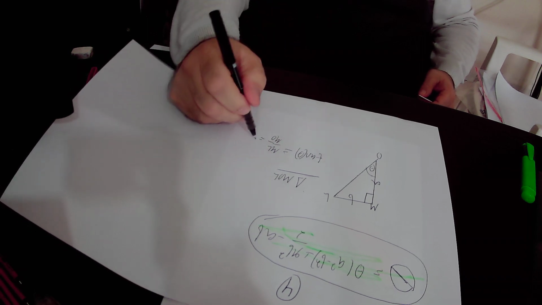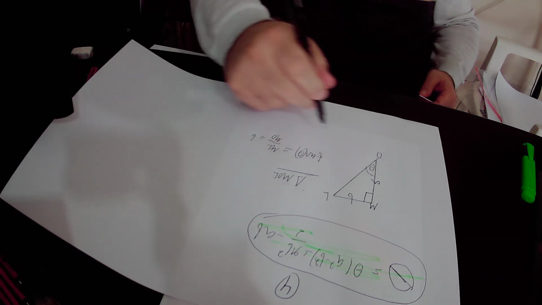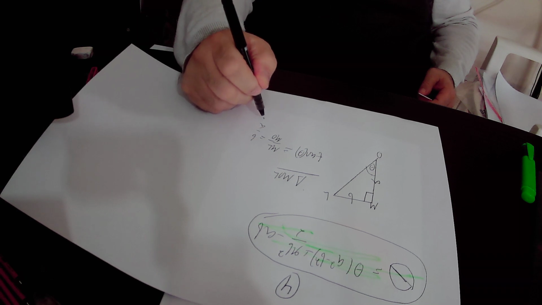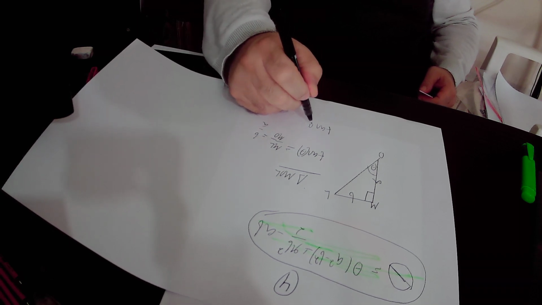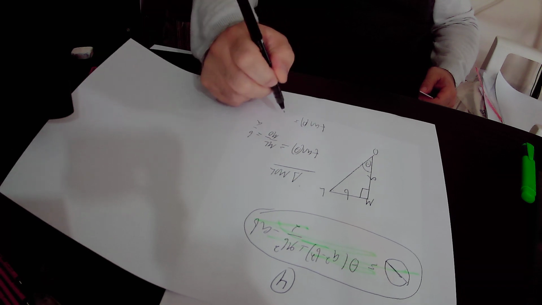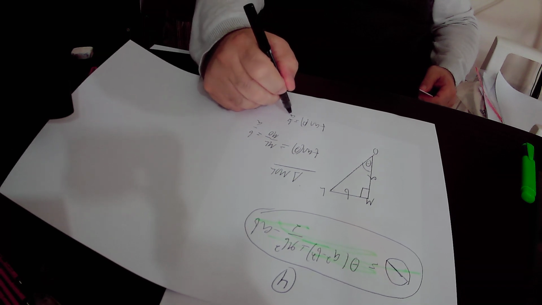MN equals B and MO equals A. So in conclusion, we found out that tangent theta equals B over A.